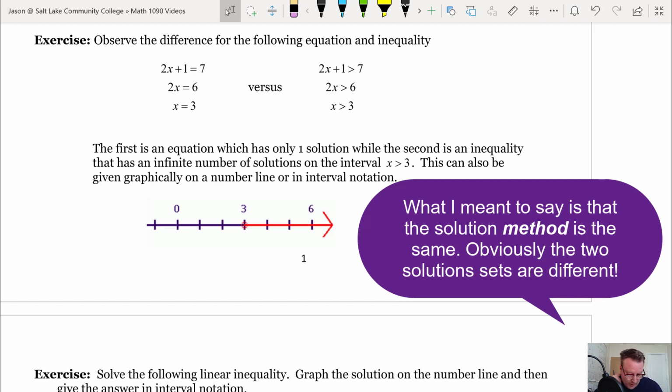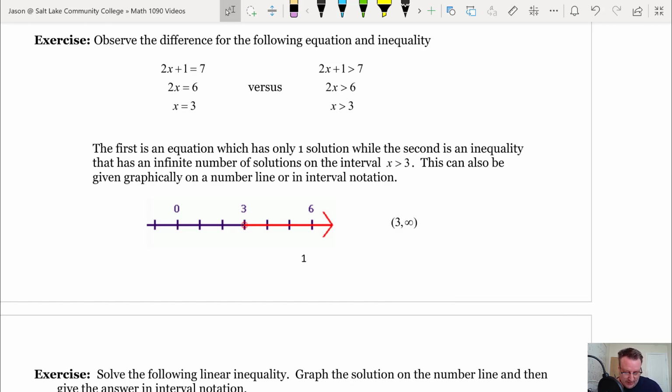We subtract 1 from both sides, and we get 2x is greater than 6. Then with the equation, when we have 2x = 6, we divide both sides by 2, and we end up with x = 3. With the inequality, we end up with x is greater than 3.